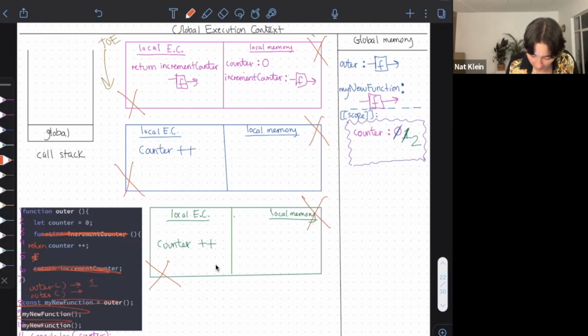Every single time it will have a value of 1. The data is not going to persist. It's not going to be that counter in the first invocation is 1 and then the second invocation becomes 2. When this outer execution context is closed, all of those variables are going to be gone forever. They're going to be garbage collected. So it's useful to us to use this structure, returning a function from another function, if we want that counter variable to persist in subsequent function calls.